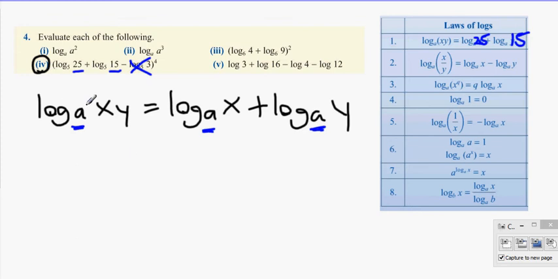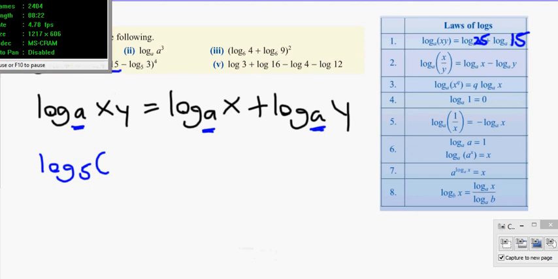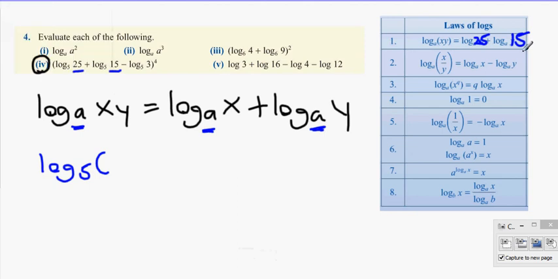And what's a going to be? A is 5. We have to multiply 25 by 15, because it says xy. Xy means it's a plus sign in the middle. Guys, please, this rule here is the addition rule. Rule 1. It's a plus.